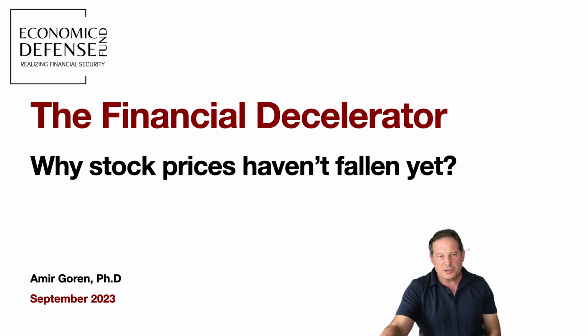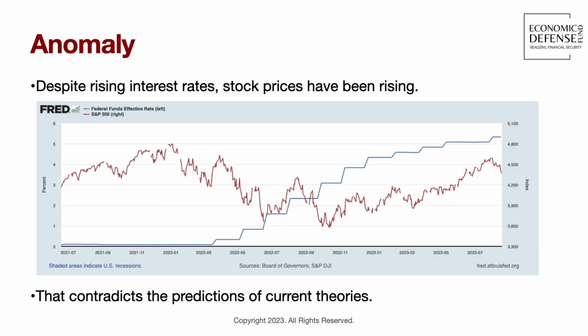Today I want to introduce the Financial Decelerator, which is an explanation for why stock prices haven't fallen yet. As you can see in this chart, we have the blue line, which describes the path of interest rate, and we have the red line, which is the index of the stock market, the S&P 500.